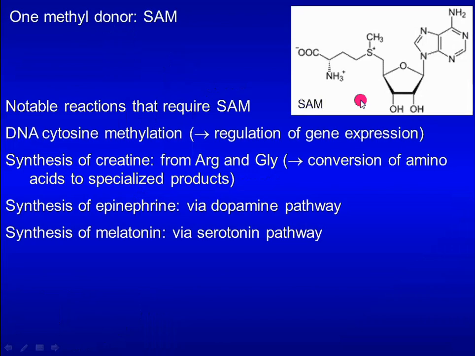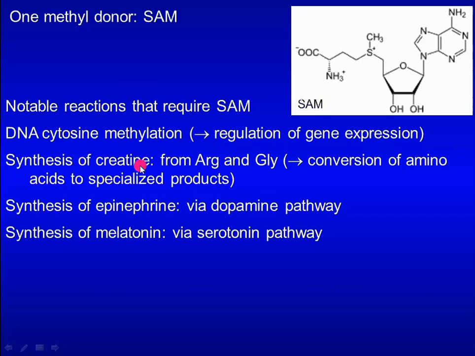This is S-adenosyl methionine, or SAM. This part comes from adenosine, and this part is derived from methionine. Notable reactions that require SAM include cytosine methylation. This has been covered in the lecture Regulation of Gene Expression.